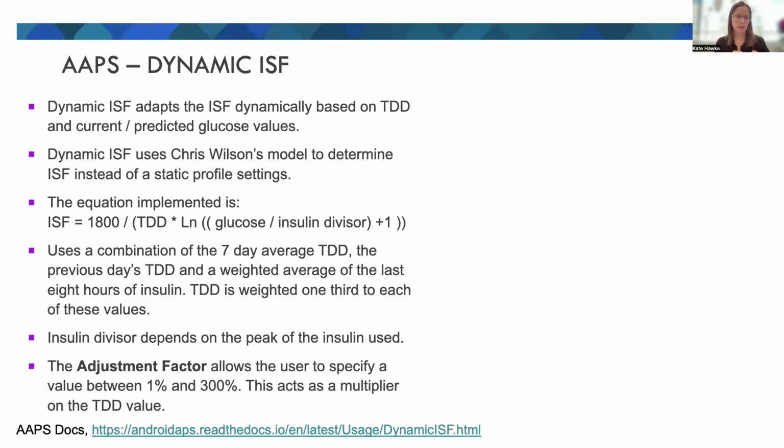So the idea of the dynamic ISF is it's using your traditional 100 rule if you're a millimole per liter user, or an 1800 rule if you're a mg per dL user, for your ISF as relates to total daily dose. And it's just applying a natural logarithm to that so that the current glucose at the time of the correction is part of the determination of the ISF.